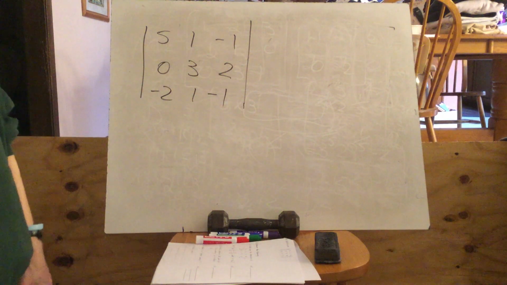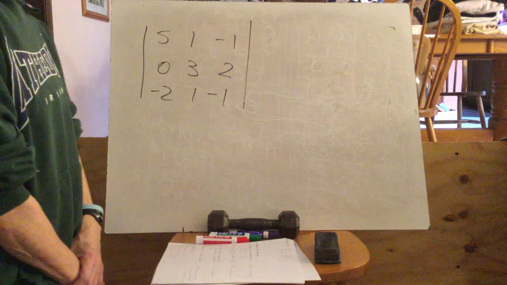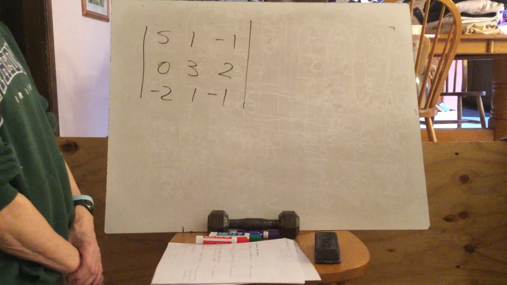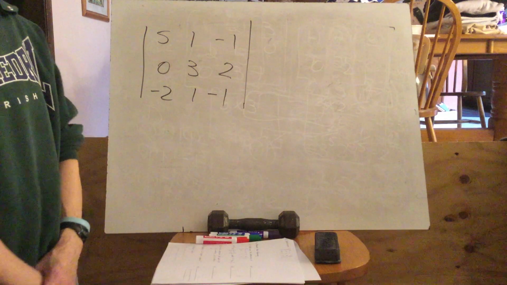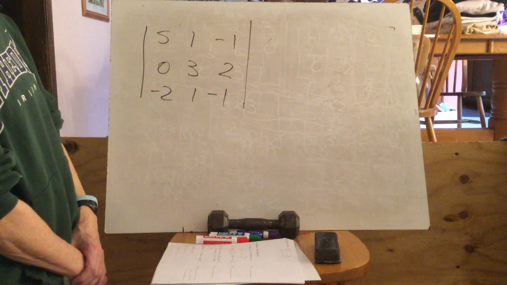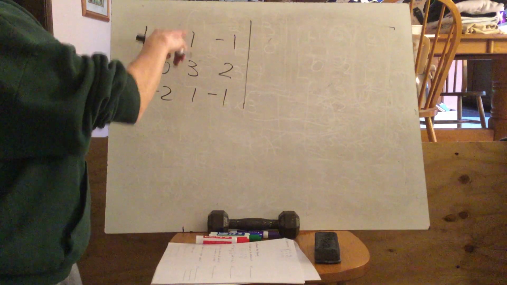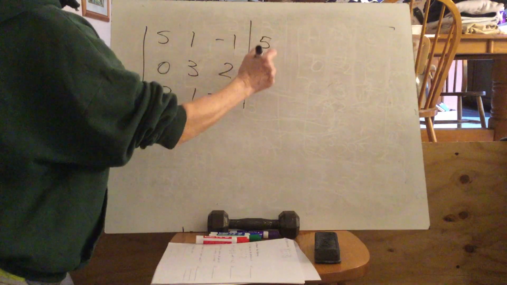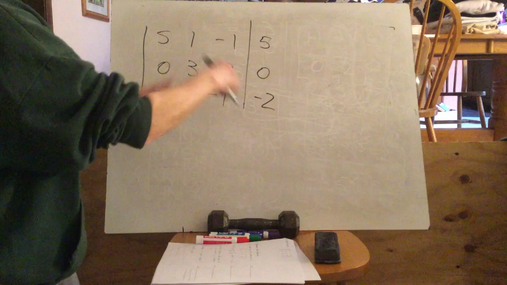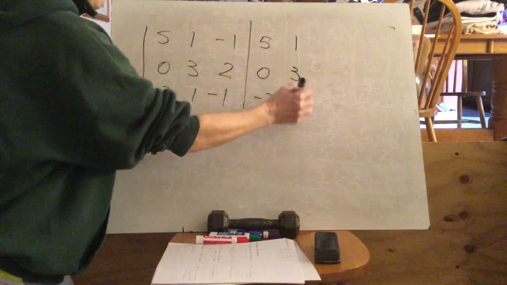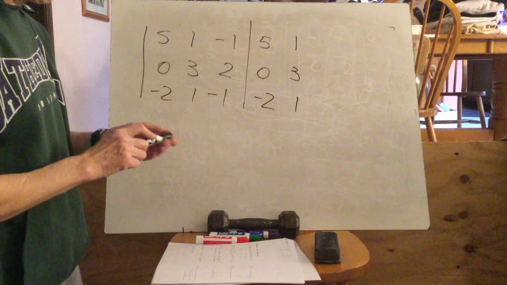Again, it's easy, but you got to remember the procedure. And there are so many procedures to remember. Okay, take a deep breath. How do we do this? If you've forgotten, you could always get out your notes and look. Here, we're going to recopy the first 2 columns. So there's the first column, and then here's the second column, and they are recopied.